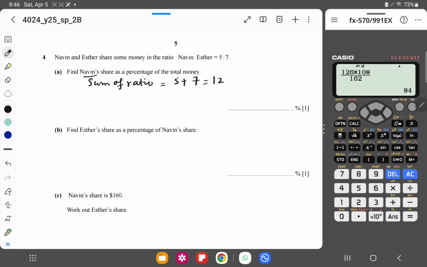We have to find Naveen's share of the total. So the total is 12, so 5 over 12, and to find the percentage we multiply by 100. So that is 5 upon 12 multiplied by 100, which equals 41.67, or 41.7, or 41.67%.